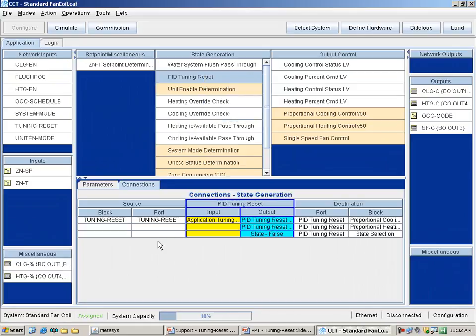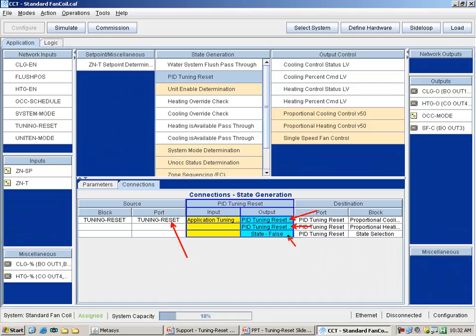In the connection menu for the PID tuning reset state generator, you can see that the input is coming from the tuning reset network input point, and its outputs are going to the proportional cooling control module, as well as the heating control module.